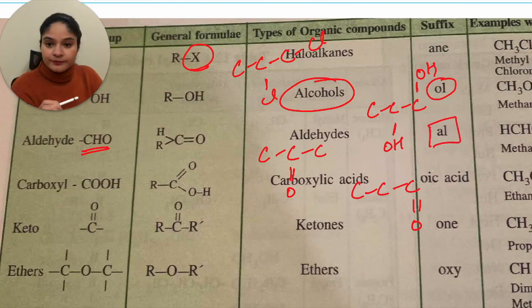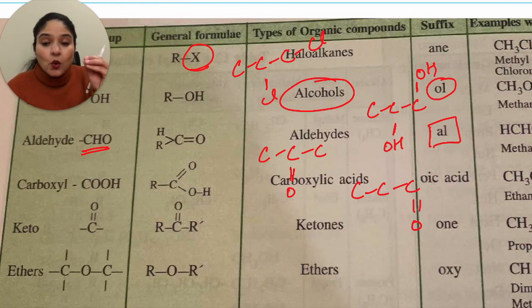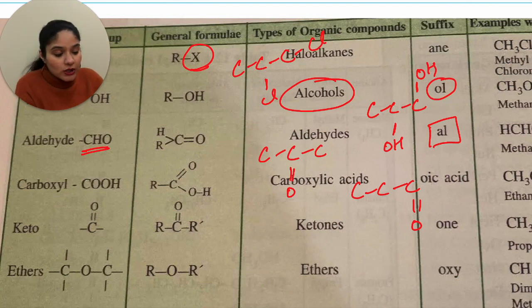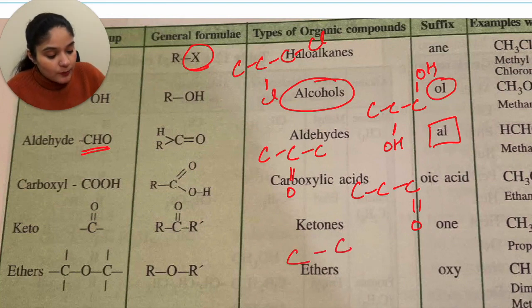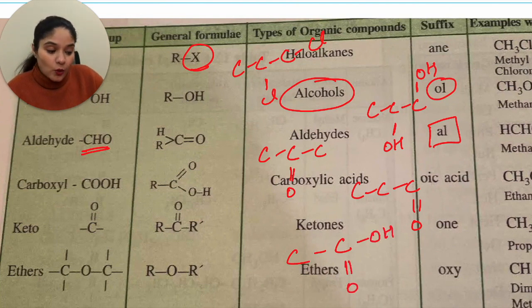Wherever you see a double bond O, that means you have an aldehyde and the suffix is al. Okay, now moving on, if you have a carboxyl, that means carboxylic acids. This is COOH. You will generally find this towards the end of a carbon chain, because towards the end you have a double bond O and a single bond OH.